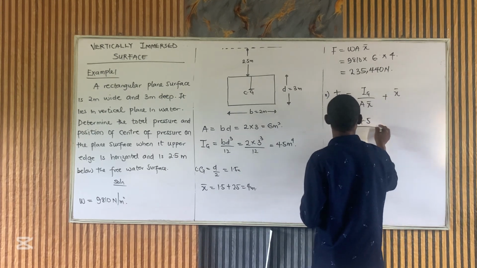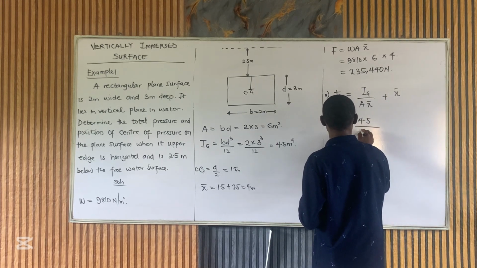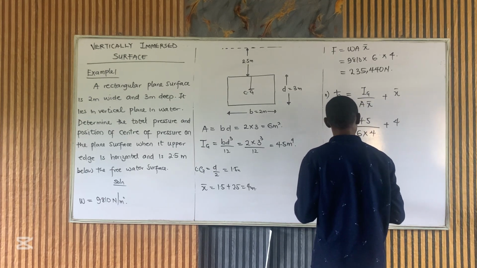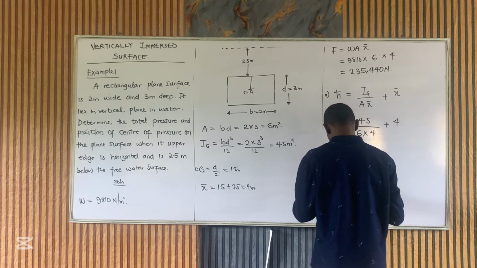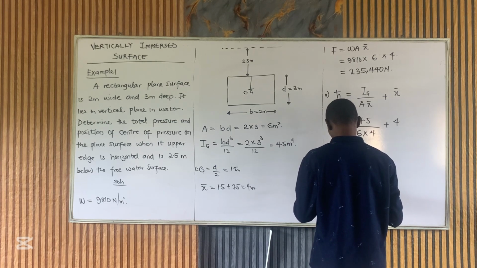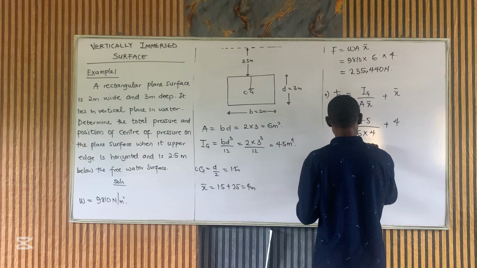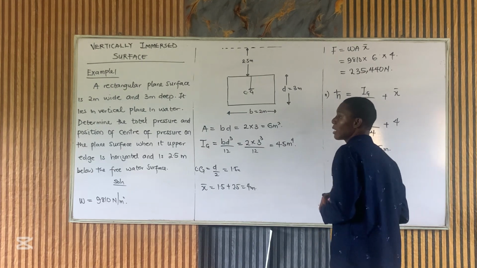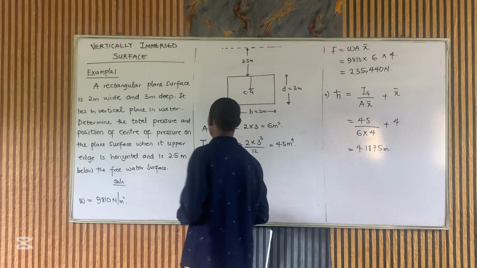Okay, so 4.5 divided by the area, which is 6, multiplied by x bar, which is 4, plus 4. So 4.5, which is moment of inertia, divided by the 6 times 4, then plus 4. This is 4.1875 meter. So that's that for this question.